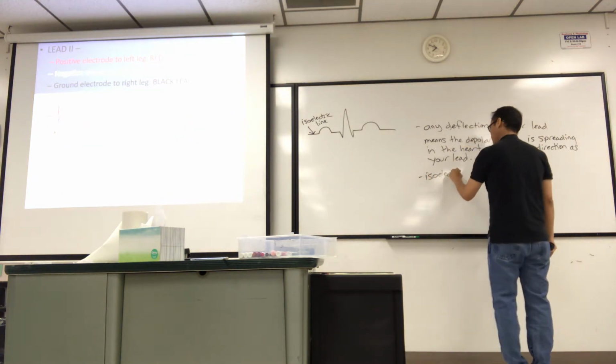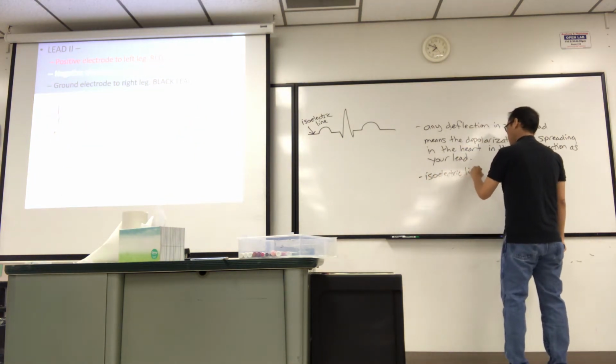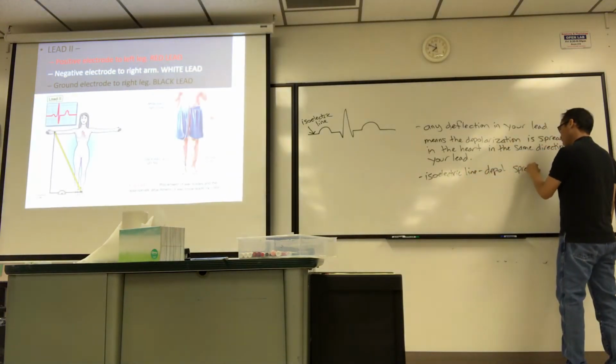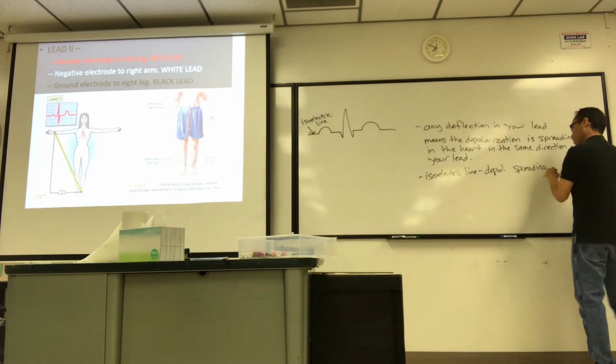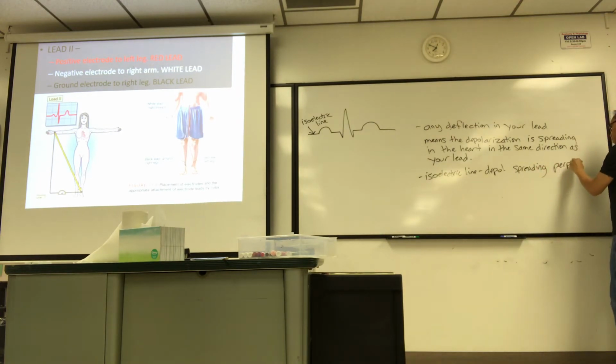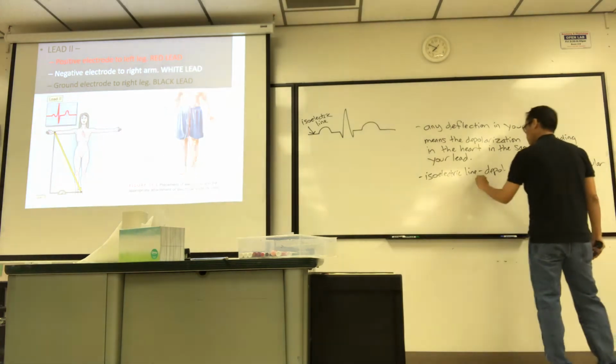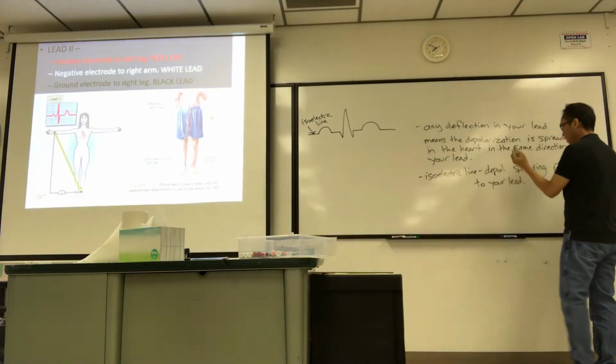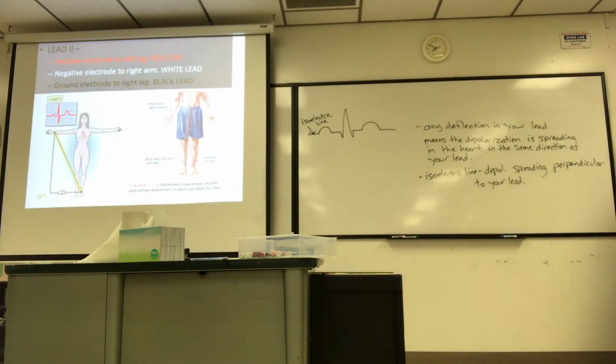Isoelectric. The dipole is spreading perpendicular to your lead. So you just can't see anything. It doesn't mean nothing's happening, it's just you ain't seeing it. Now if it's a complete flat line, that means you're dead, right? Everyone knows that.